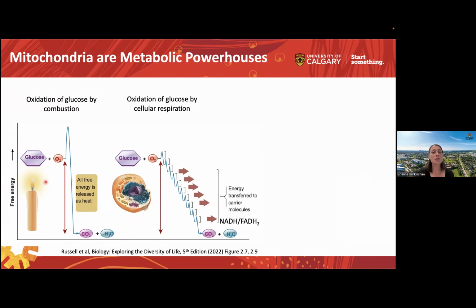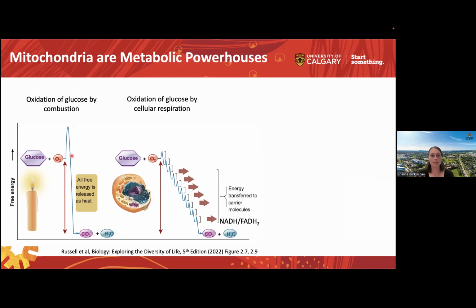So we can see on this reaction, these are our reactants and our products. We have this activation energy barrier that we need to overcome in order to get this reaction going. If this reaction is happening outside of a cell, we can just use a flame. We can heat up the glucose in the presence of oxygen.